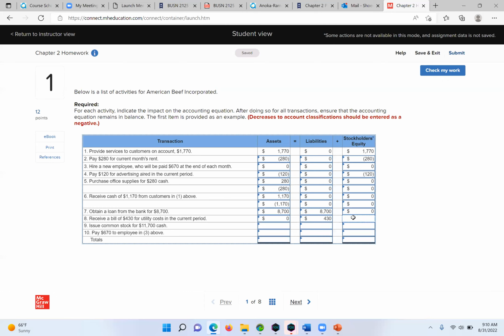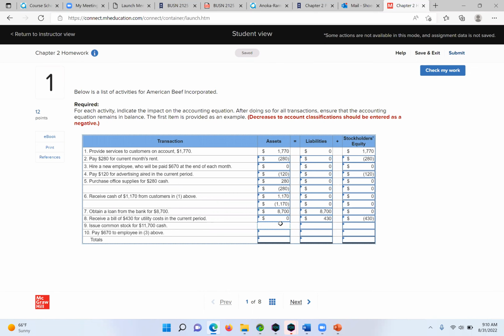We owe the utility company $430. And our utility expense is $430. An expense always decreases our stockholders' equity through retained earnings. And in this case, we have a liability in accounts payable. We owe $430 to the utility company.